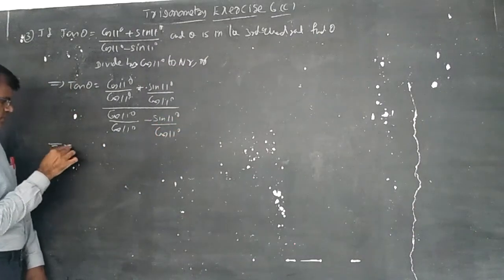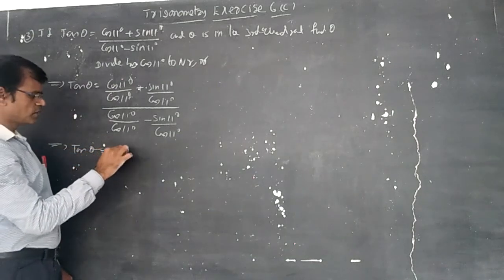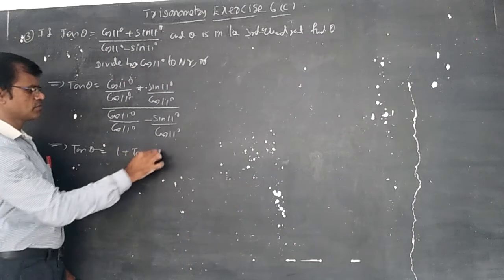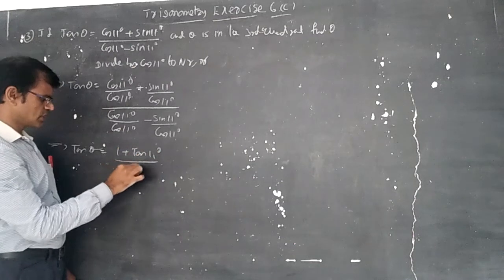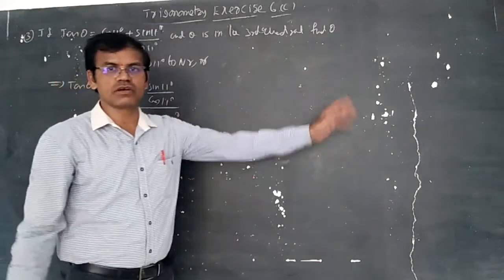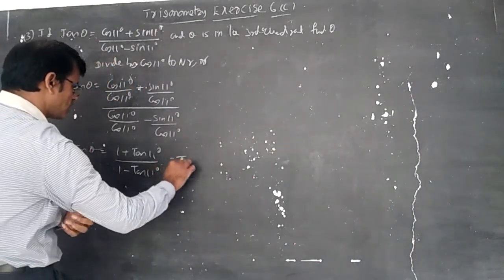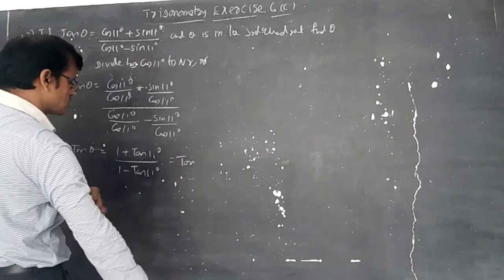That implies tan theta is equal to 1 plus tan 11 degrees by 1 minus tan 11 degrees. I remember the sum: tan theta is equal to 1 plus tan alpha by 1 minus tan alpha, which is of the form tan of 45 plus alpha.